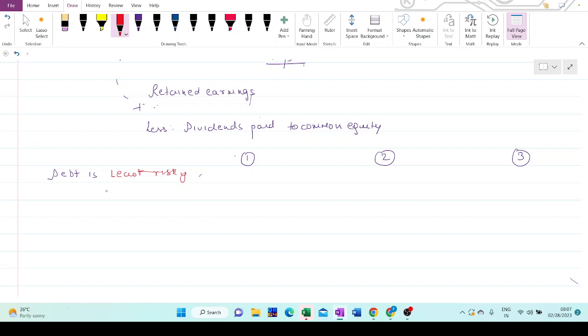Then pref equity, and lastly, your common equity is most risky, right? Common equity is more risky, right? So we can say that your debt has the lowest risk.